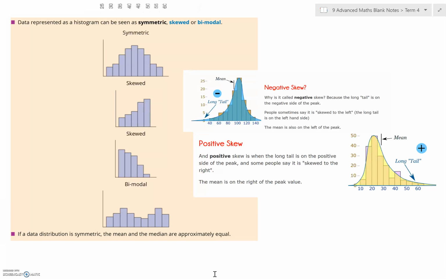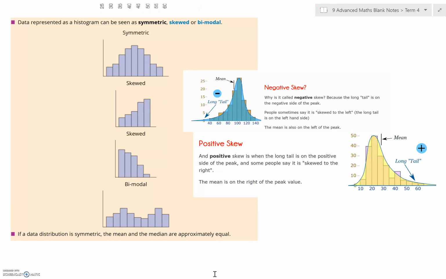For a histogram that has data fairly evenly spread around the mean, so the mean is the highest value in the center and the rest are fairly evenly spread, and they don't have to be exact, but it must look something like the top one, that's called a symmetrical distribution, or you might say it's approximately or almost symmetrical depending on what you've got.